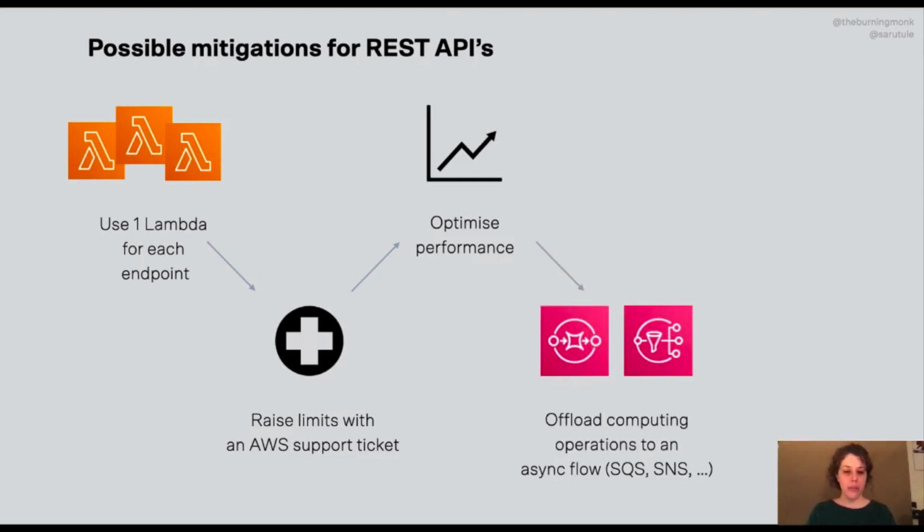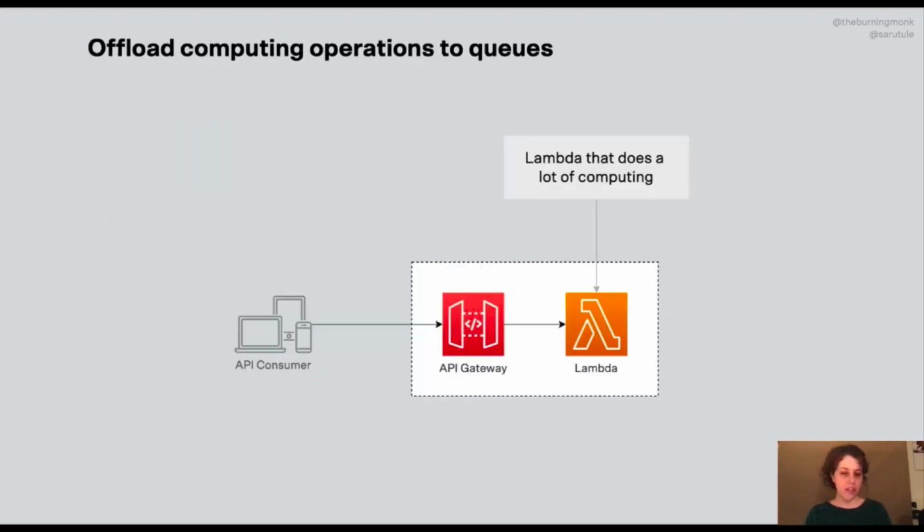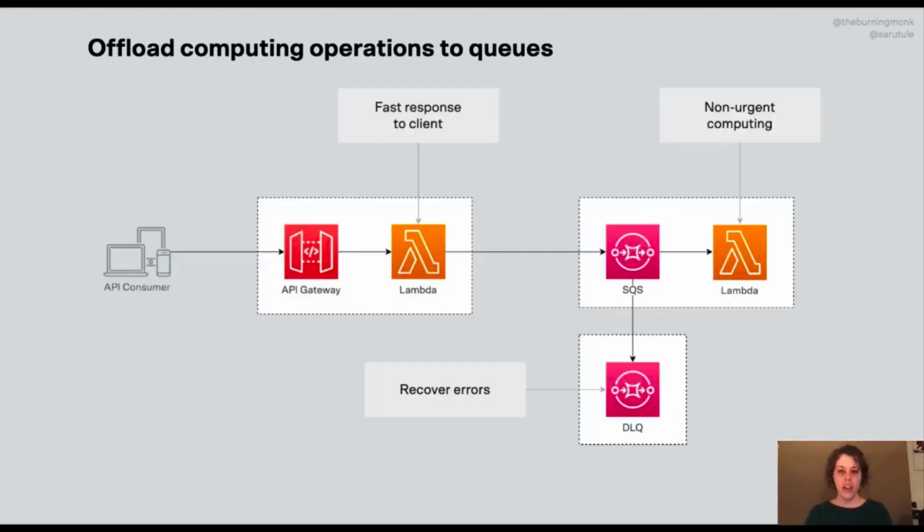Offloading computing operations to an asynchronous flow is also another way to mitigate this sort of problem. For example, let's assume that you have a Lambda that does a lot of computing. In that case, you can return a faster response to the client and offload that operation to an asynchronous flow with SQS, for example, which is a very cost-effective solution.